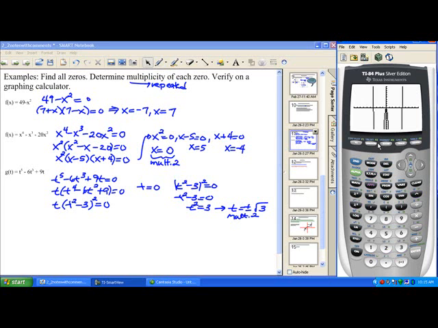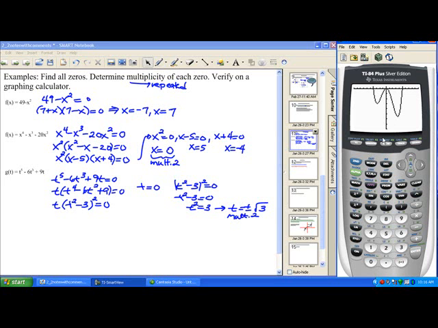Now I could enlarge my window if I wanted to see a complete graph of this. Let's see, if I take it down to like negative 200, let me extend my y-min to negative 200. Okay, it's a little bit better picture.